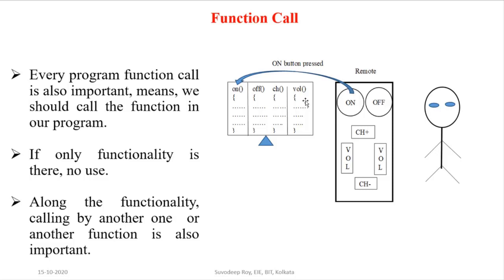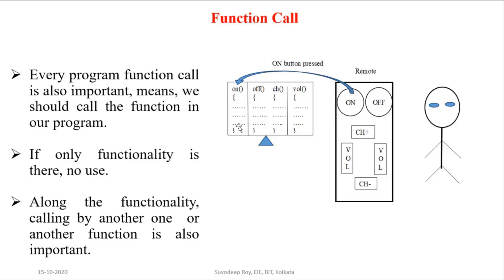How are those functions called? Those functions are called by using the remote. On the remote we have different buttons: on button, off button, channel button, volume button. When we press the on button, what will happen? The on function will be called or executed. And whatever is written inside the on function, every instruction will be executed and ultimately it will get the result.